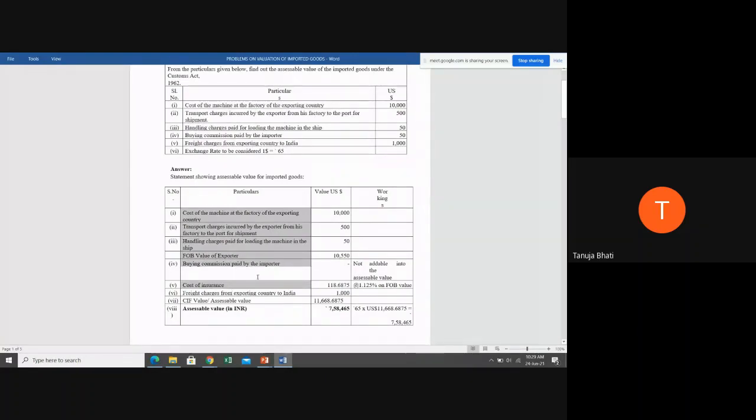If it is to be excluded, in your workings you can give the reason why. So you can write, as per rule 10 sub rule 1, clause A, the commission paid by the importer is to be included but excluding buying commission. So since this is buying commission, it is not added in the value.